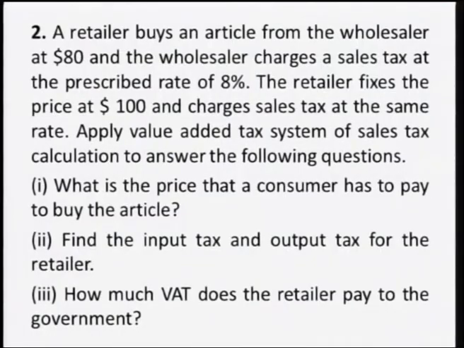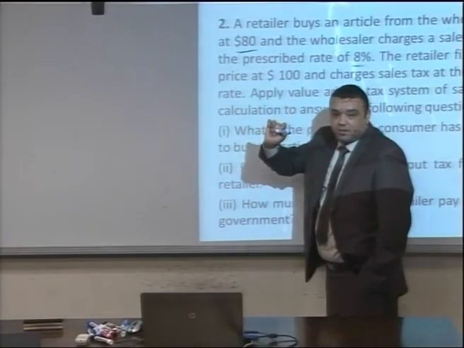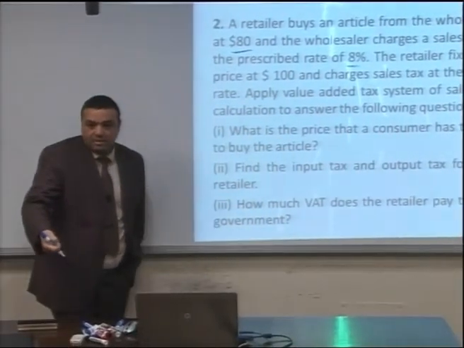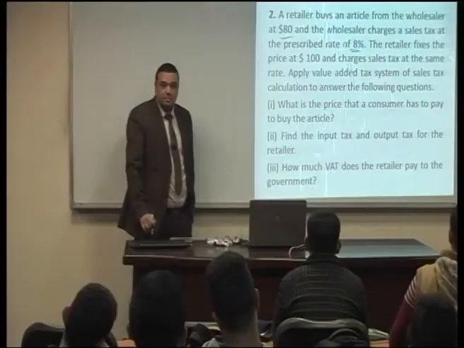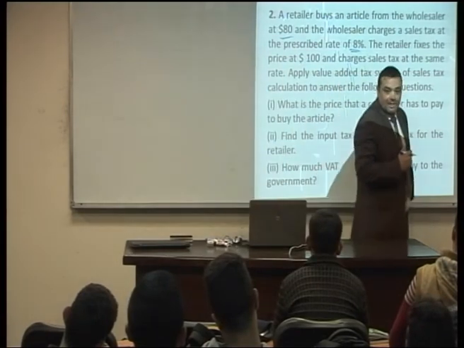Another example here. A retailer buys an article from a wholesaler at $80, and the wholesaler charges a sales tax at the prescribed rate of 8%. The retailer bought it for $80 and pays 8% to the wholesaler. Then the retailer sells it to the consumers.